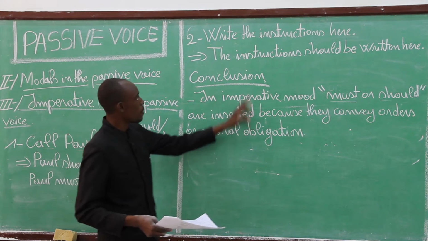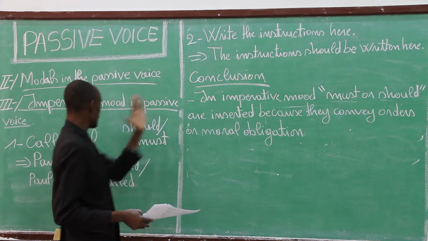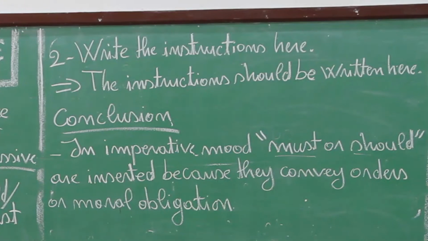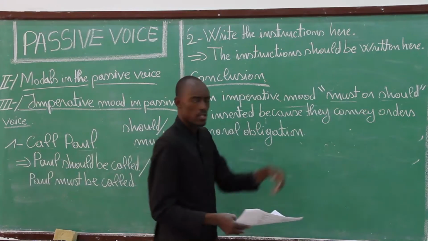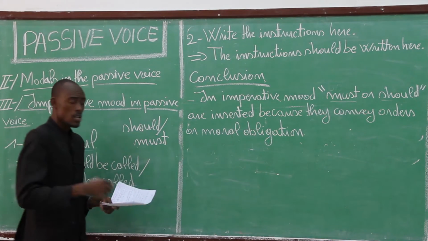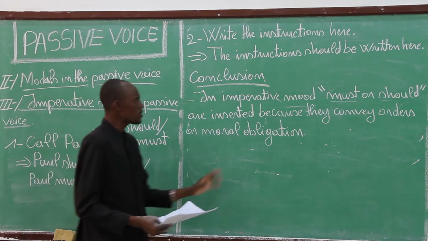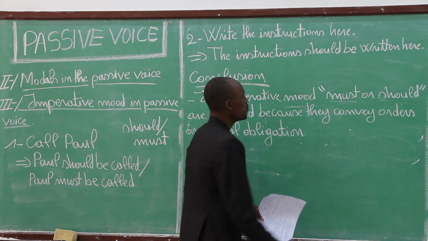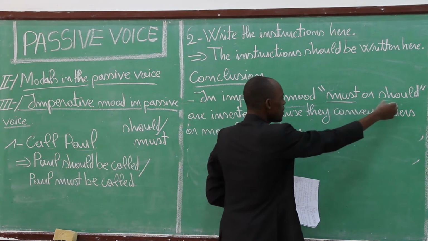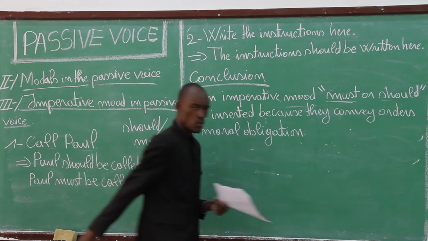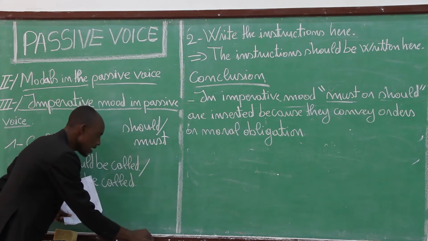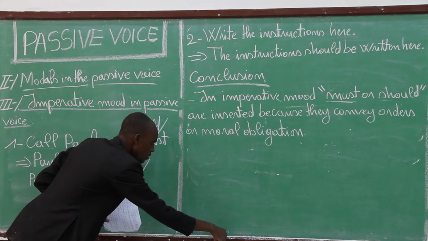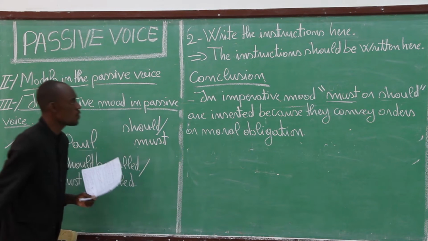And we have these sentences. We have "Call Paul", it is an order. "Write the instruction here", it is a moral obligation. And in passive voice, we have to use must or should, because they convey orders or moral obligation.